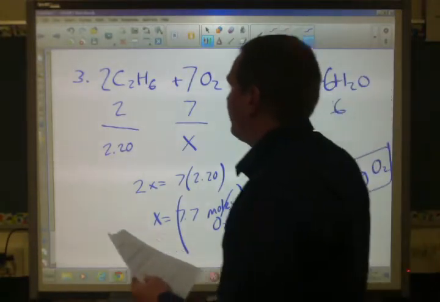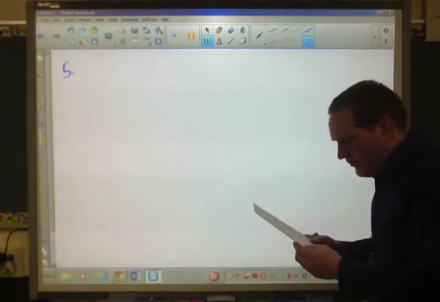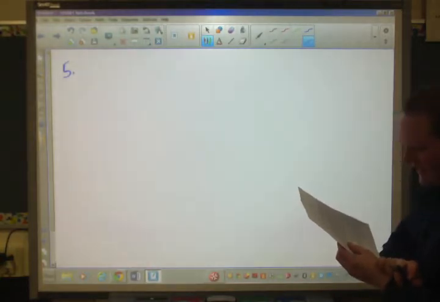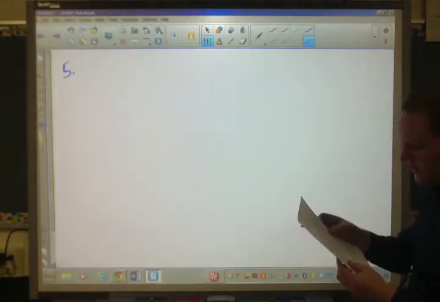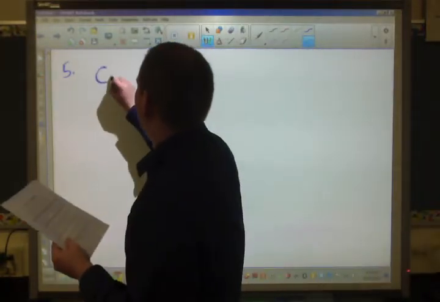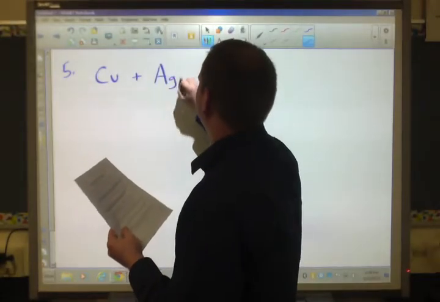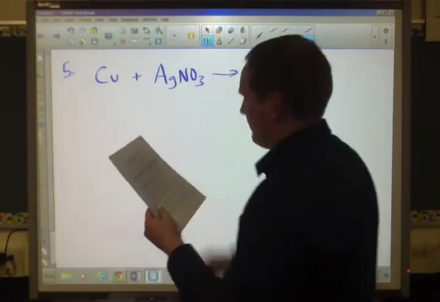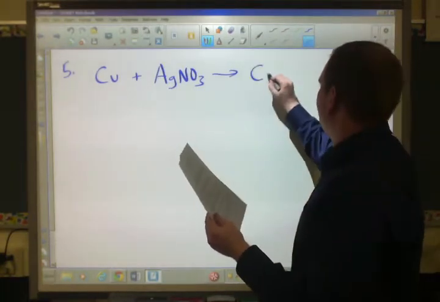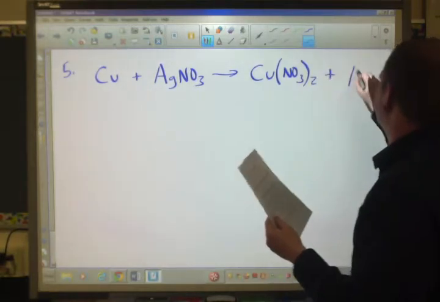Number 5. We're skipping number 4. Alright. In the copper silver nitrate lab, copper metal and silver nitrate solution reacted to produce silver metal and copper 2 nitrate. So single replacement. Alright. Copper metal plus silver nitrate react to produce copper 2 nitrate plus silver.